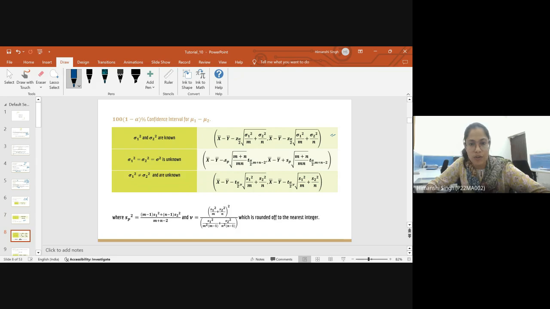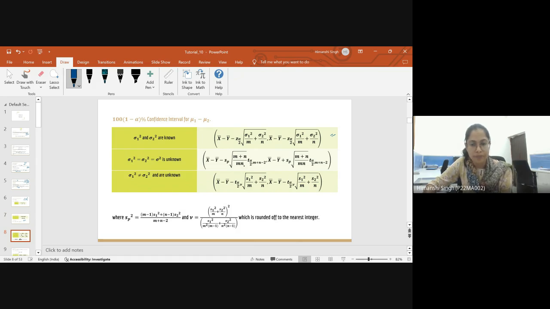The formula for sp square is m minus 1 s1 square plus n minus 1 s2 square, divided by m plus n minus 2. Here m and n are the sample sizes from both populations, and s1 square and s2 square are the sample variances for the random variables x and y. And t alpha by 2, m plus n minus 2, will come from the t distribution table.